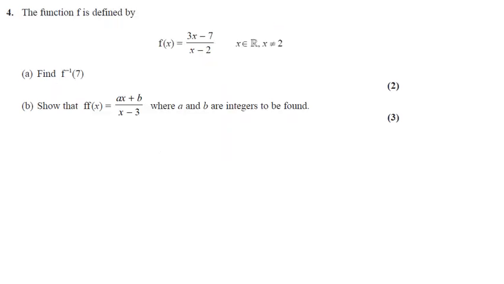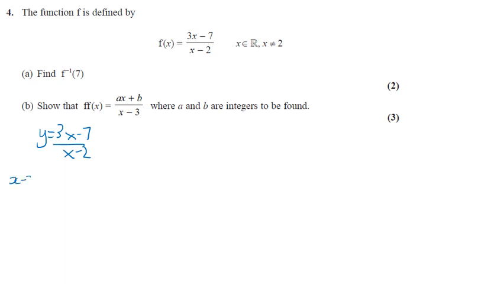Question 4 now is about functions, and we're given a function and we're asked to find its inverse first of all and evaluate that at a certain point. So the easiest way to deal with inverses is just to rewrite this in terms of y, and then we rearrange this to make x the subject.